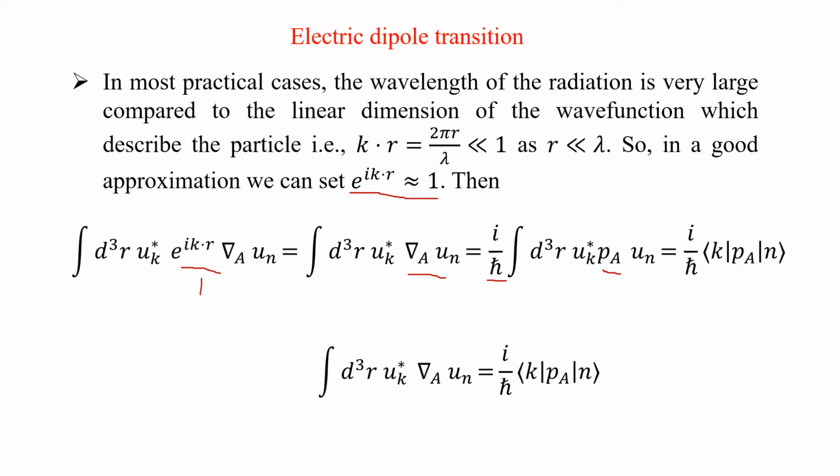This will become 1 over i h cross, bra k p_A ket n, in Dirac notation. In the integral form, the integral d3r u_k star del_A u_n is equal to 1 over i h cross bra k p_A ket n. We will see what happens to this expression.